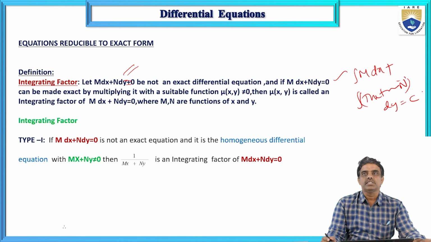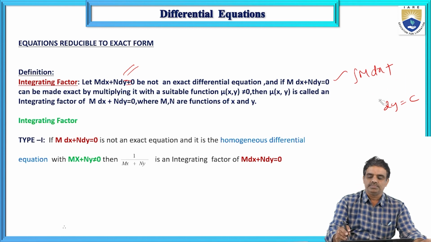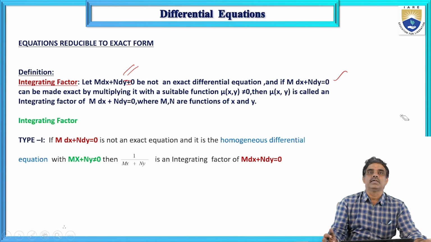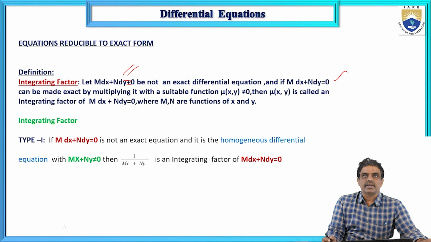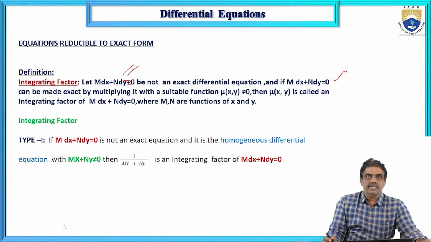Suppose the equation is not exact, so how to make it exact? That can be done by using integrating factors. If M dx plus N dy equals 0 is not an exact equation, and it can be made exact by multiplying it with a suitable function mu of x, y, then mu of x, y is called an integrating factor.